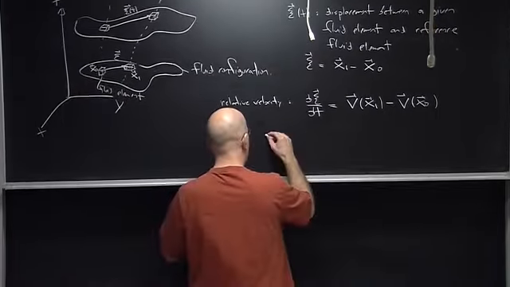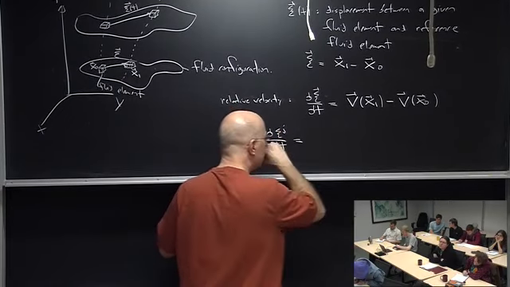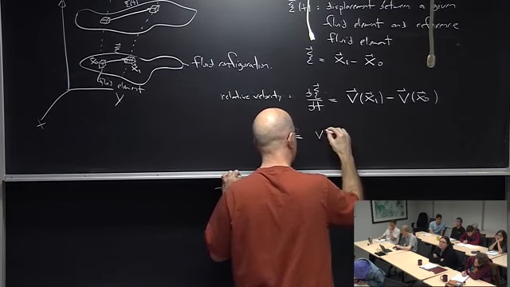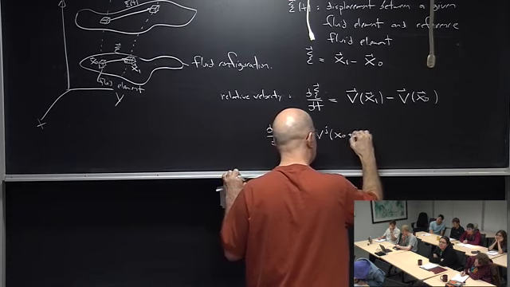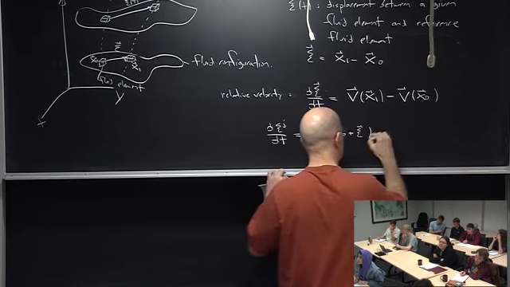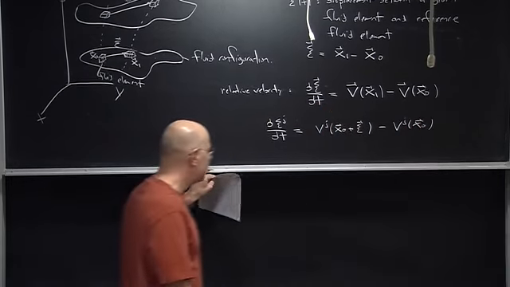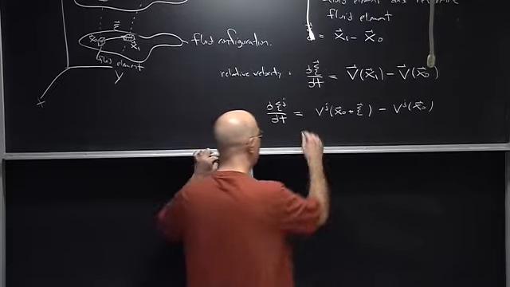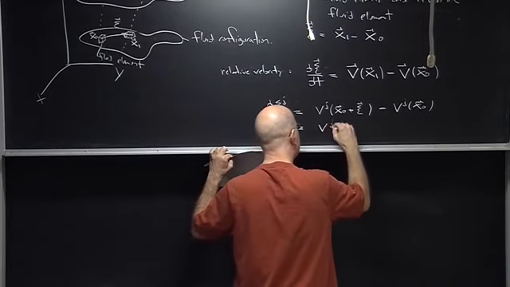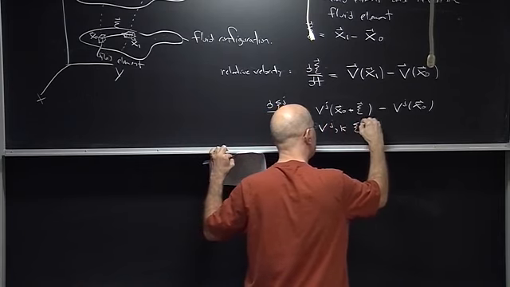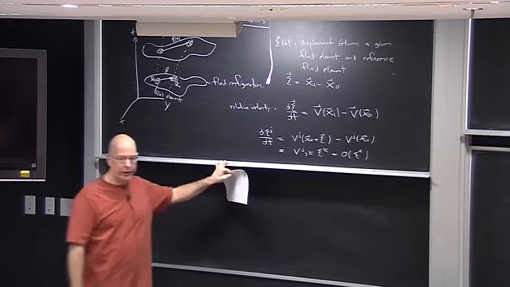So in components, the j component of the relative velocity is just the j component of the velocity field evaluated at x naught plus c, minus the velocity field at x naught. Doing the Taylor expansion, I get V_j,k c^k plus higher order terms in c that I'm going to ignore.